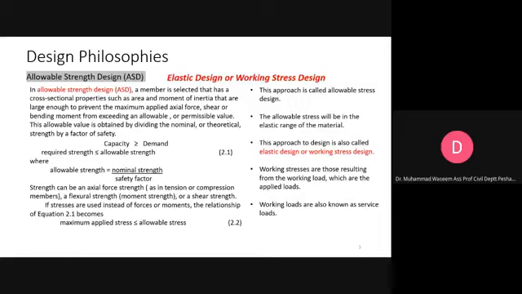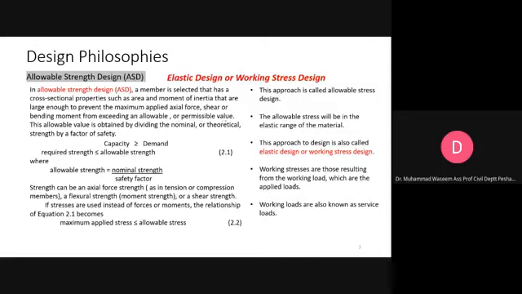We know that a member derives its resistance from the material property and from the cross-sectional geometry. So we select the cross-sectional area so large that the effects of the loads produced in the member remain within the elastic or permissible range.